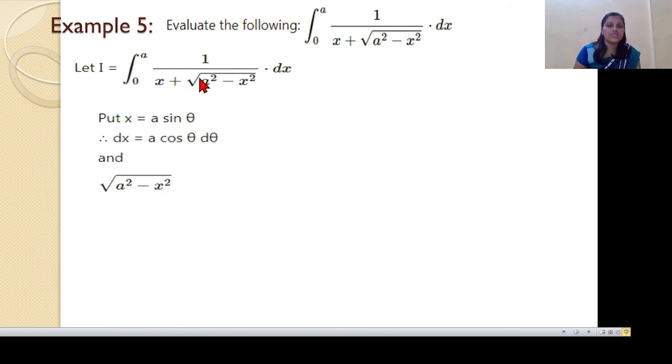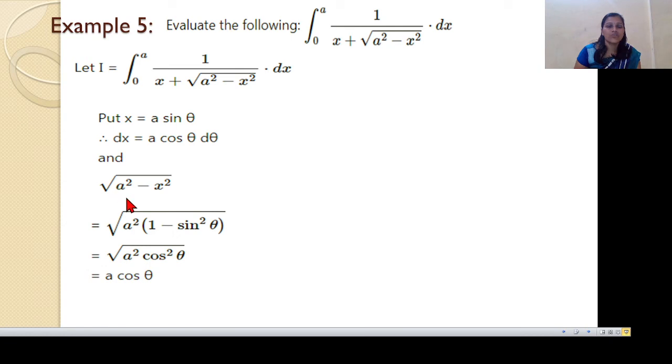Then to solve this integral, we are going to apply the substitution method. So we are putting x is equal to a sin theta. Then after differentiating this term, we get dx is equal to a cos theta d theta.